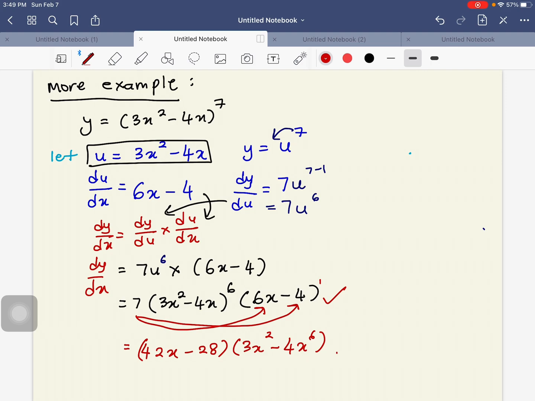Ataupun you can do like this. Ataupun kita boleh keluarkan apa nilai yang terendah. So we can take out 14. And then yang di dalam ada 3x tolak 2, 3x kuasa 2 tolak 4x power of 6 ni kat luar ke kat dalam ni tadi? Okay, 6 ni kat luar patutnya ni. Okay, power of 6 kat luar.